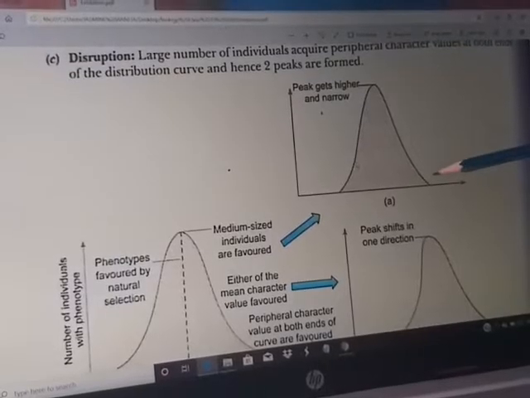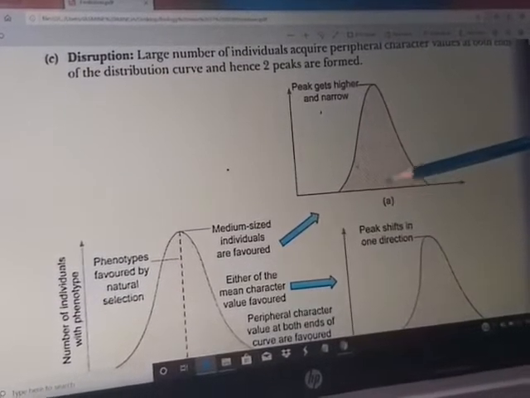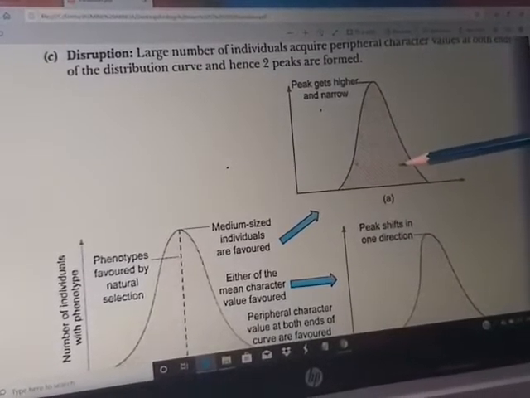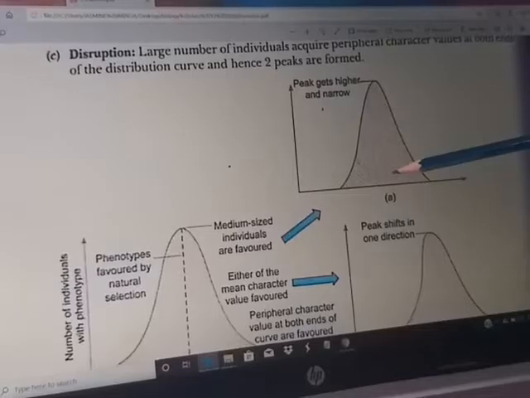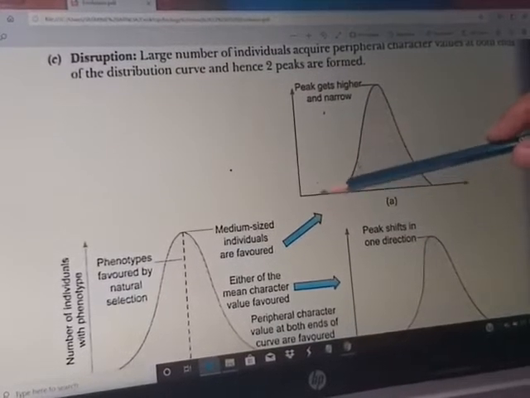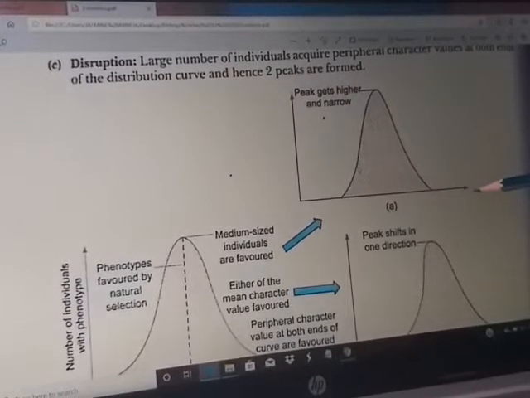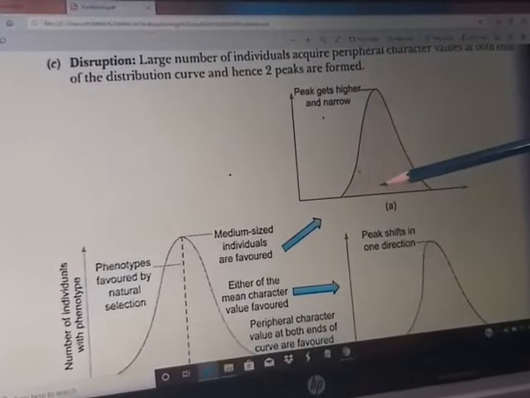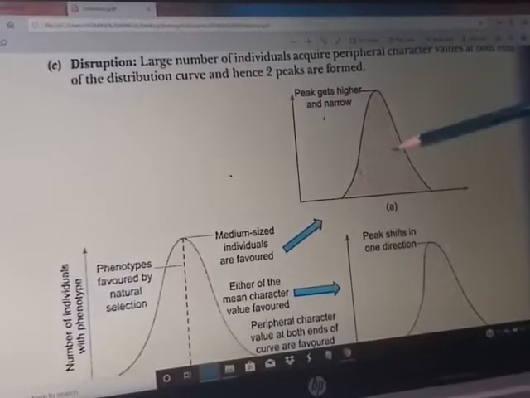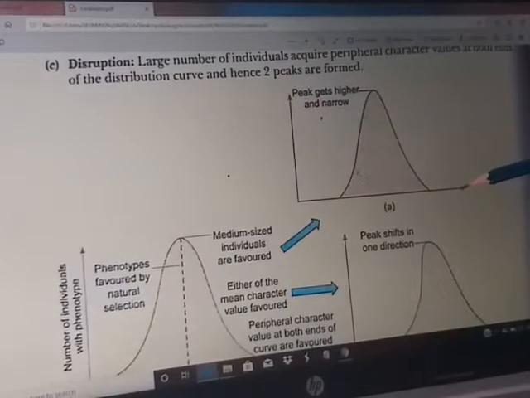If we take some other character, again more individuals will be towards the mean position of that character. If we take skin complexion, very light individuals with very light skin color, whitish color, and dark color, so we will have a population with more of the mean color, medium color, or the middle between the very light and the very dark.